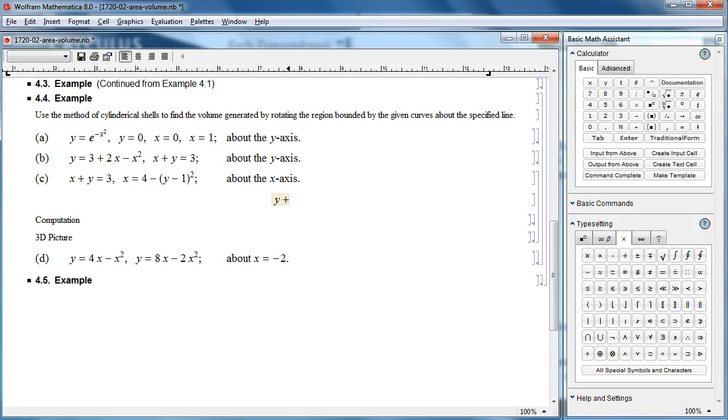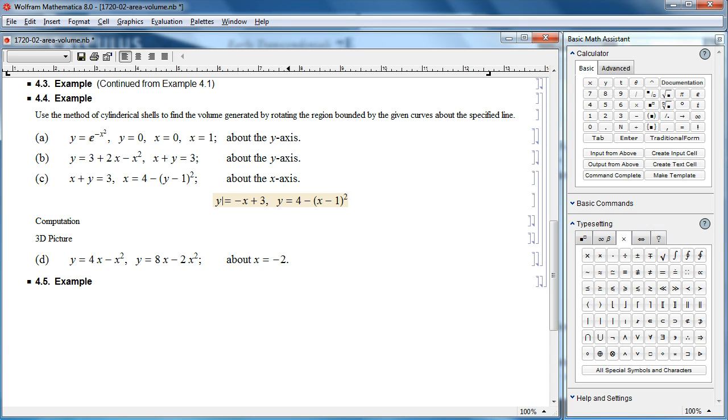So y plus x is equal to 3. Not that it requires any change. y equals 4 minus (x minus 1) squared. y plus x is equal to 3, so this is y equals negative x plus 3. That looks a little bit better.